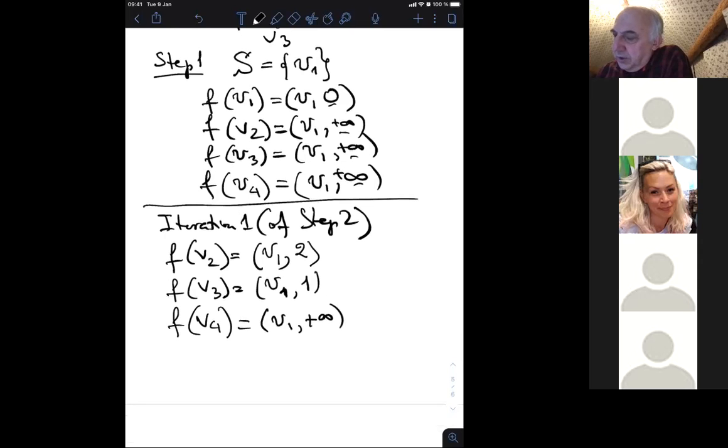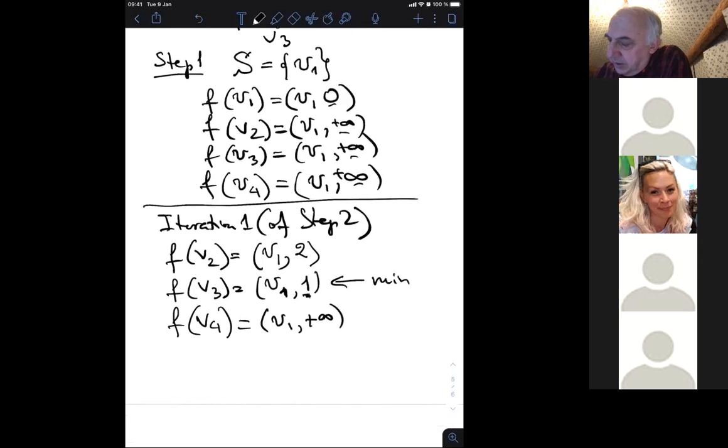Okay, now what do I do? I went through all my elements which are in the complement to my current set S. And before I finish the iteration, I need to find the vertex which has the least current length of the path. And this would be this one. This would be the minimum.